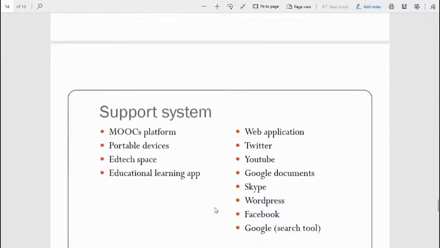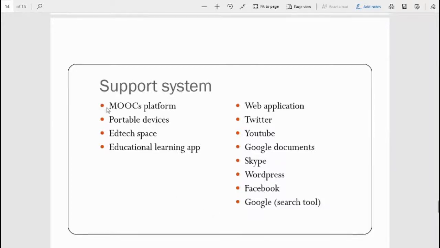So what are the support systems that come under ICT? MOOC platforms, portable devices, EdTech space. EdTech space is basically educational learning apps. Then web applications: Twitter, YouTube, Google Documents, Skype, WordPress, Facebook, Google search tool. About MOOC, I have discussed in my previous video, and it is part of your syllabus and very important. MOOC is an acronym of massive open online courses.